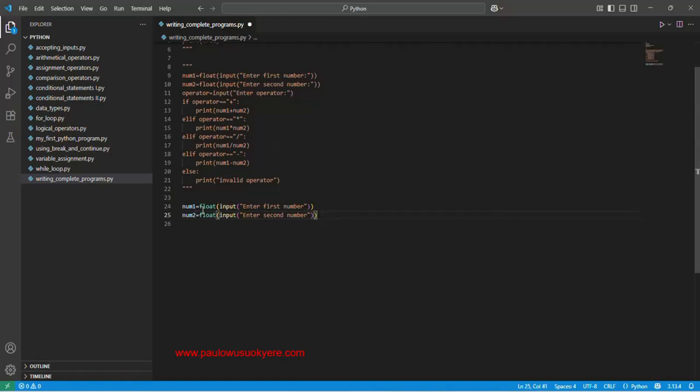So it will ask us for the first number, then it asks us for the second number. Okay, and then the operator. Also we have to input, so operator equal input.